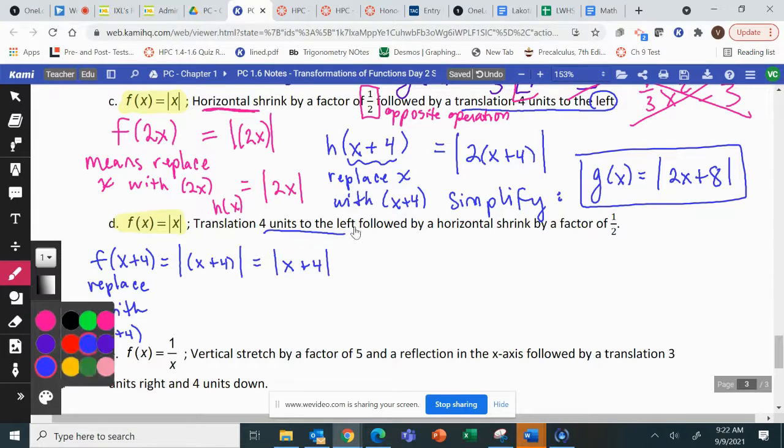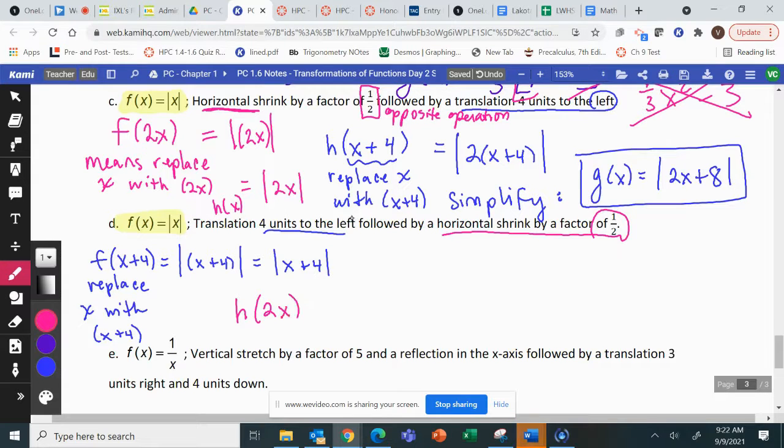So now we're going to do followed by a horizontal shrink by a factor of 1/2. So my h equation, I'm going to be doing h of 2x for this one. We're going to replace x with parenthesis 2x.